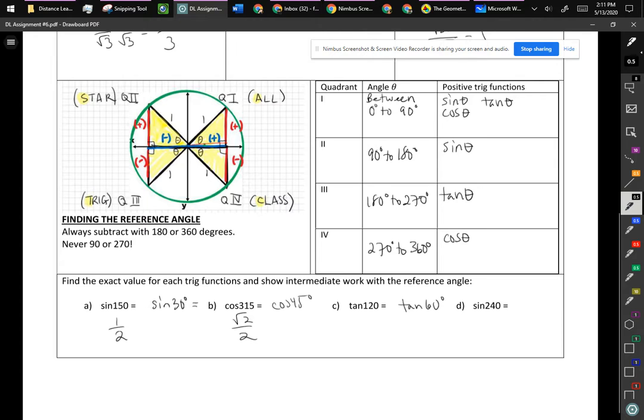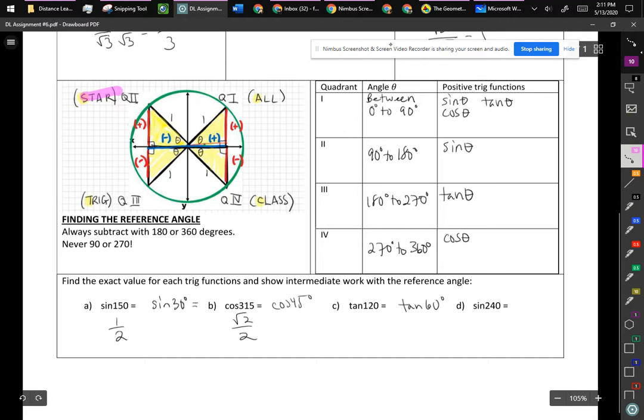However, there is a difference here because based off of our rules, only sine is positive in quadrant 2. Cosine's negative and tangent is opposite over adjacent, which means tangent is going to be negative.